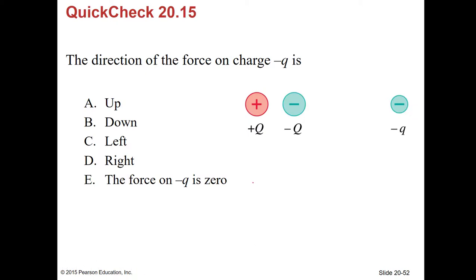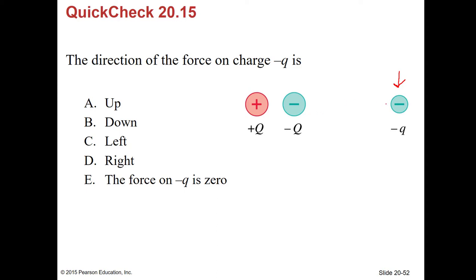Okay, let's take a look at this one. The direction of the force on negative q is, okay, so the force on this negative little q is from a contribution from negative big Q and plus big Q. And we want to know the direction of the force on this charge. So for a minute, pretend that plus big Q is not there.